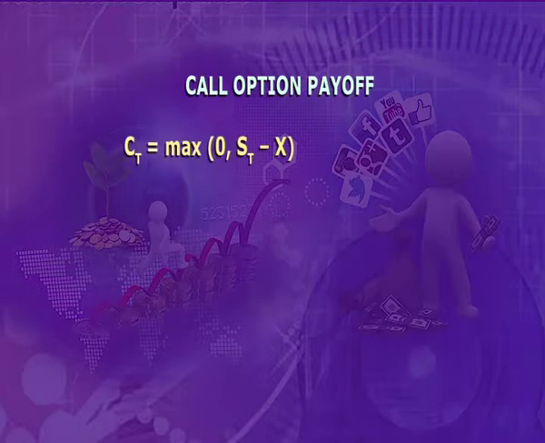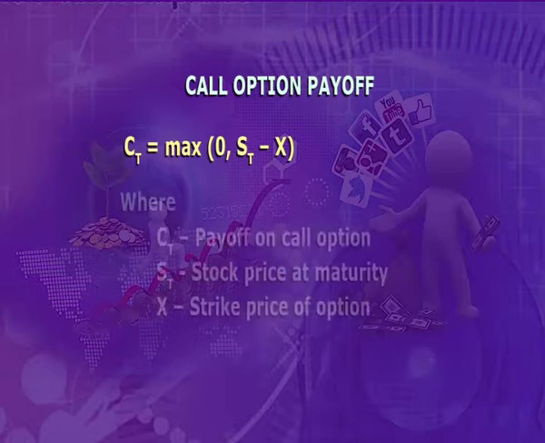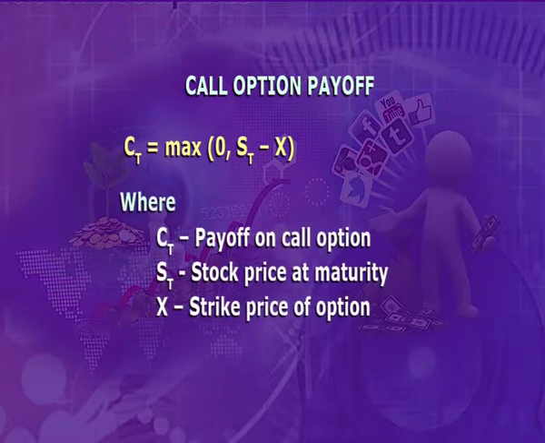Ct is equal to max[0, St minus X], where Ct represents the payoff on the call option, St represents the stock price at maturity, and X is the strike price of the option.